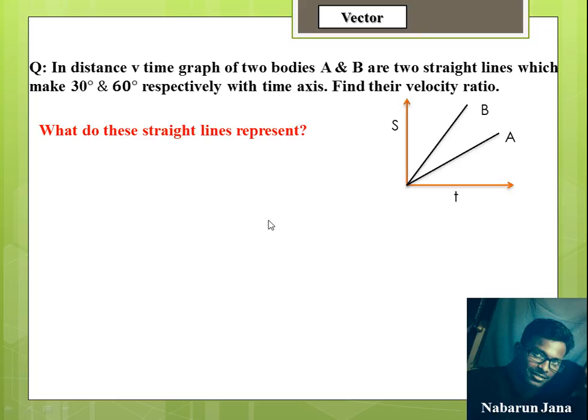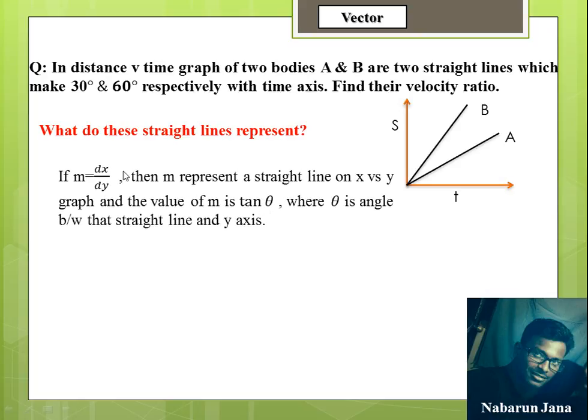So we have to study another theory. The theory is, if m equal to dx by dy, then m represents a straight line on the x versus y graph and the value of m is tan theta, where theta is the angle between that straight line and the y axis. So if you draw the dx versus dy graph and you get a straight line, the straight line represents m.